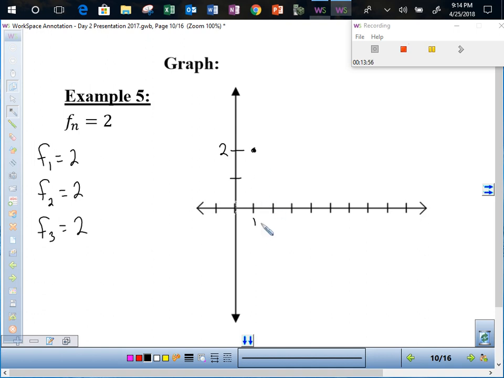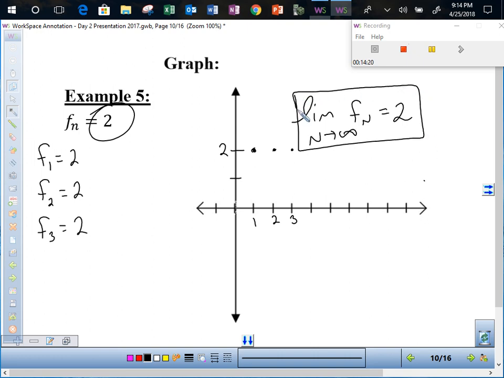The value of my second term is also 2. The value of my third term is also 2. This limit, since this is a constant, is 2. So I'm going to say that the limit as n approaches infinity of f of n is 2. Quick moral of that story, whenever you have a constant, that is your answer.